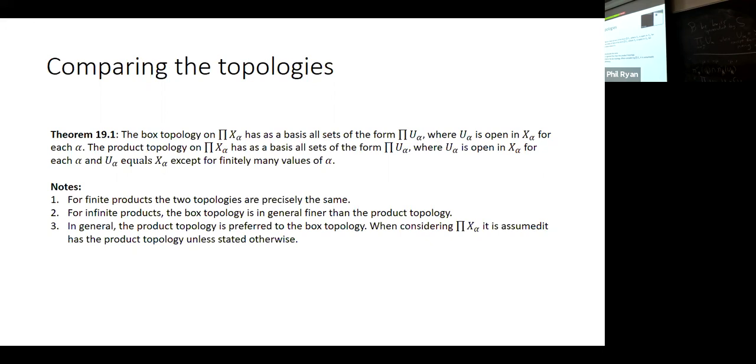And our little calculation there said the product topology has a basis of the form product of u alpha, where each is open, and u alpha equals x alpha except for finitely many values of alpha. So you see from this theorem that for finite products, the two topologies are exactly the same. For infinite products, the box topology is in general finer than the product topology.